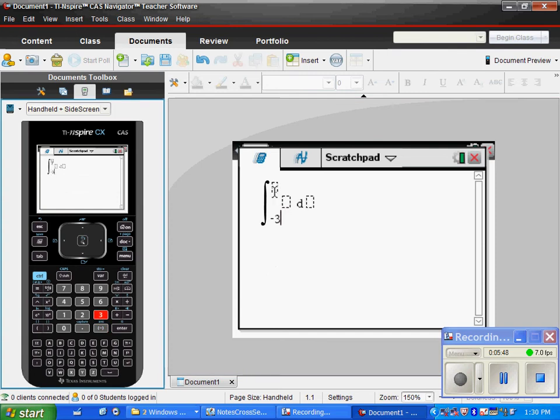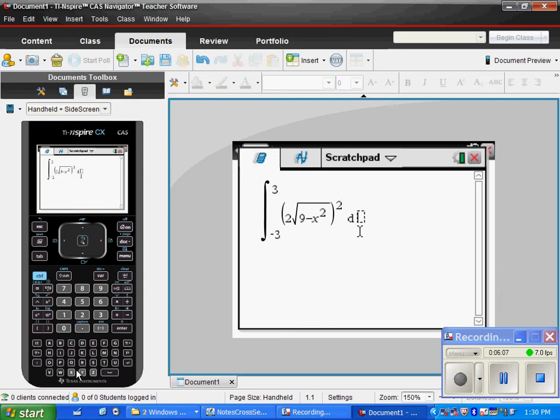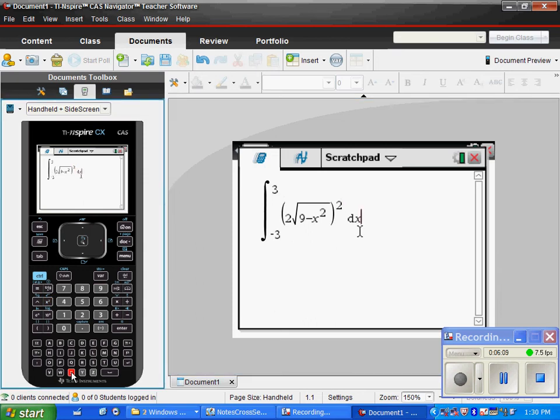Negative 3 to 3, parentheses, 2 square root of 9 minus x squared, get out of the square root because we want to square that side, and then remember the width of each of those squares is represented by dx. You can hit enter or control enter, the answer is 144.